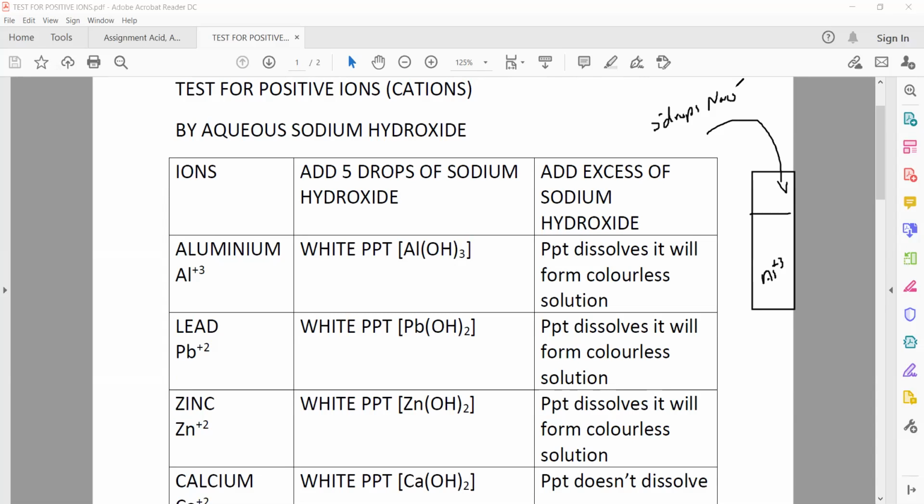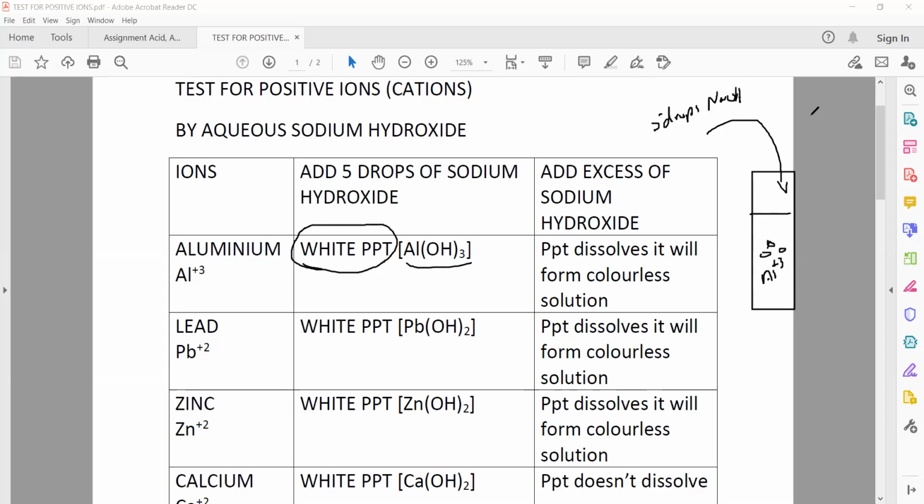What will you observe? You will observe a white precipitate or white solid is formed. This means the salt contains aluminium, and the white precipitate is aluminium hydroxide.